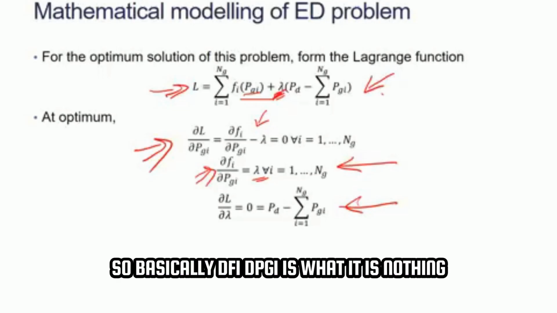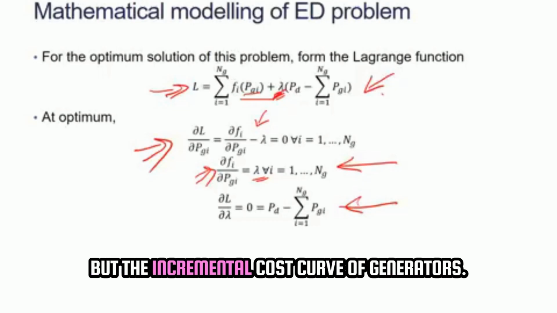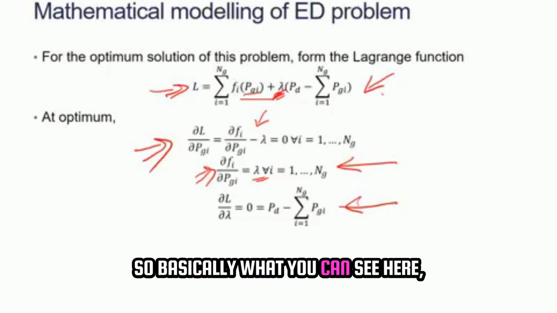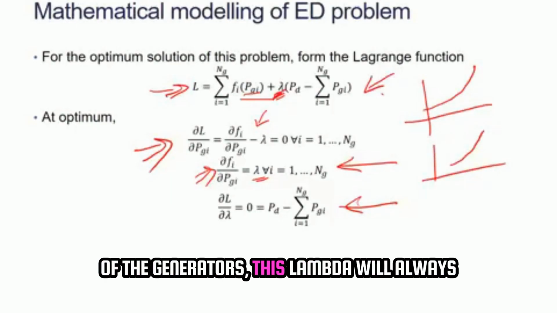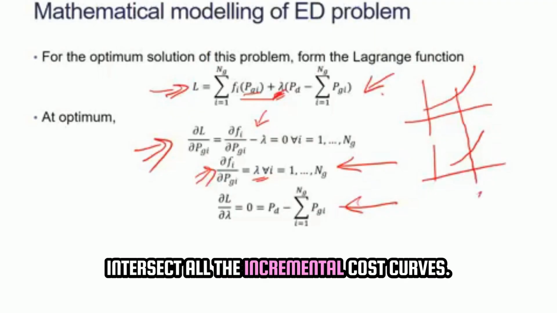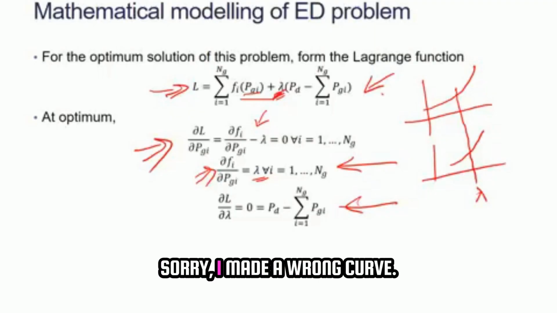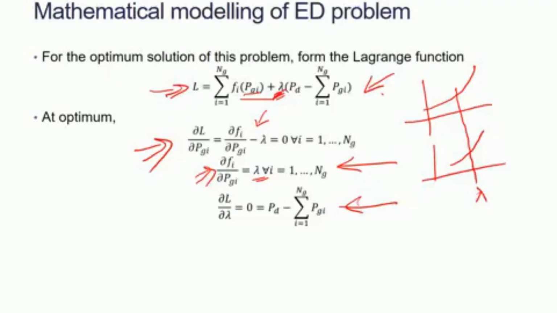So basically dfi/dPGi is nothing but the incremental cost curve of the generators. So whatever the incremental cost curves of the generators are, this lambda will always intersect all the incremental cost curves. Sorry, I made a wrong curve.